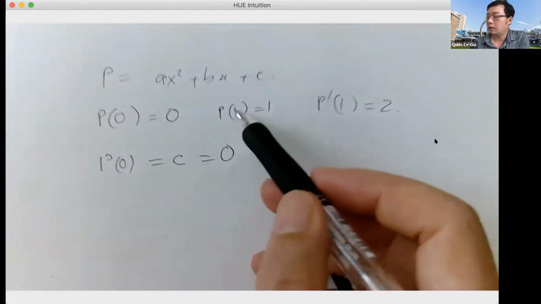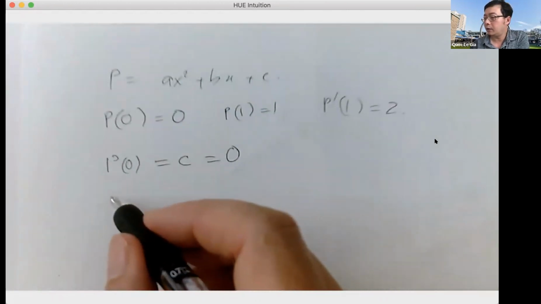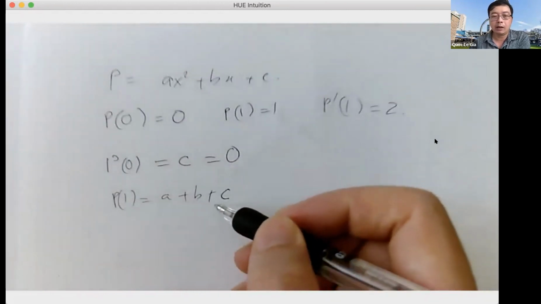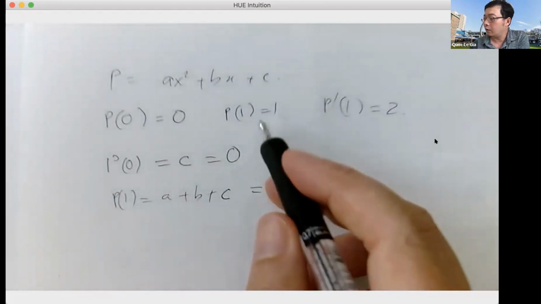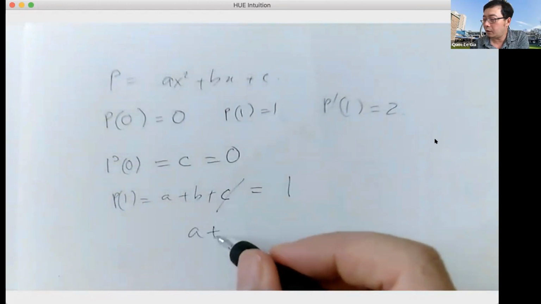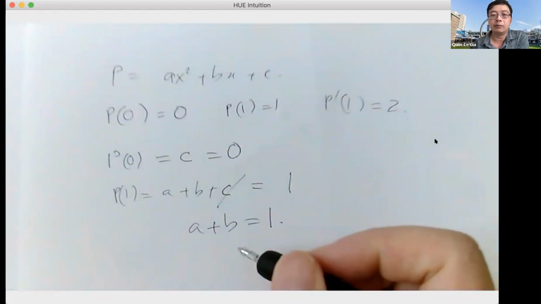And p(1) equals 1, so I put in p(1), then I get a plus b plus c equals 1, but remember c equals 0, so I just have a plus b equals 1.